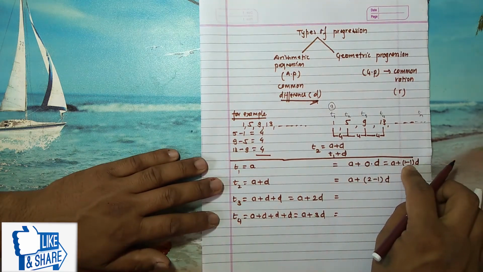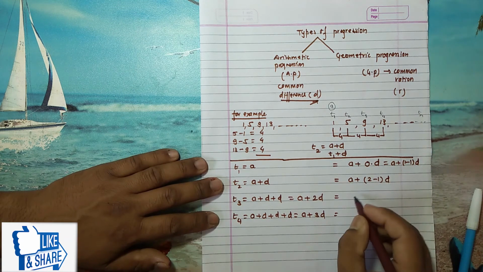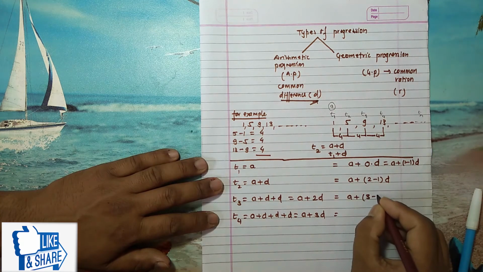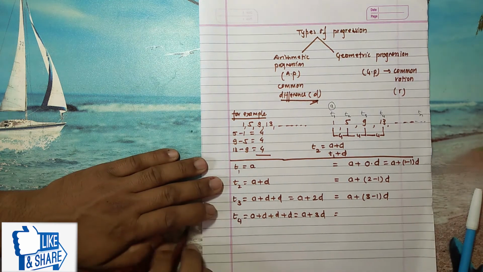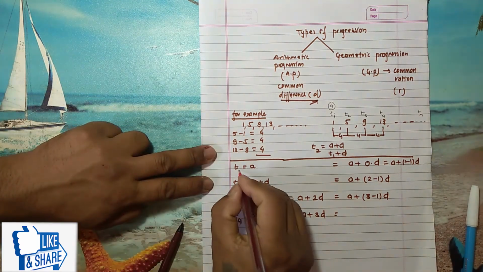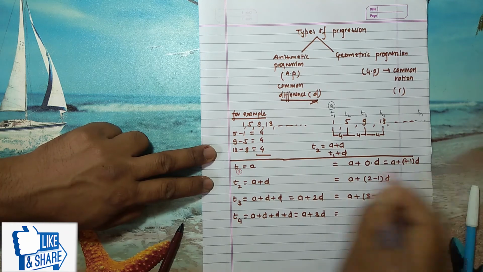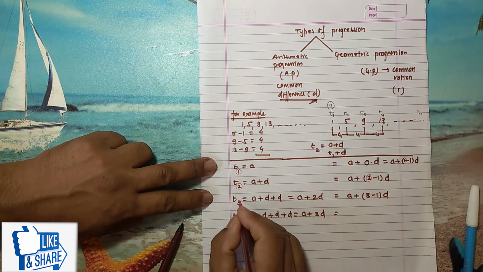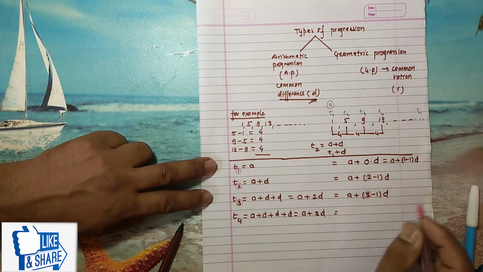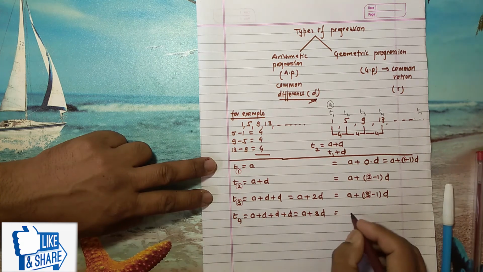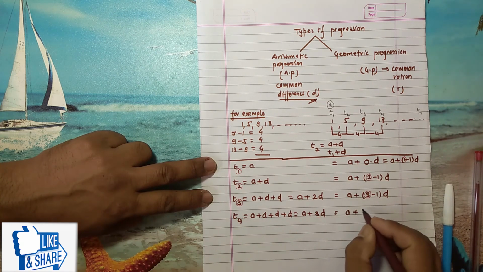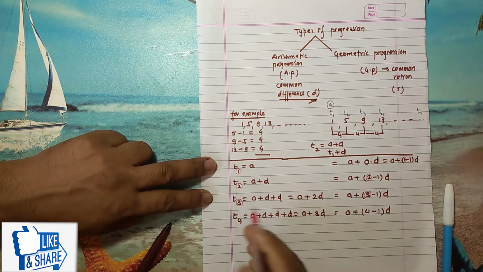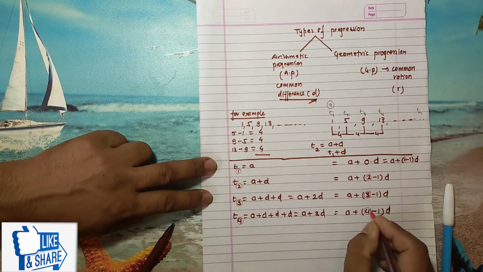I am doing this everywhere with minus 1, so A plus 2D means A plus 3 minus 1 times D. See what I am representing? Here is 1, so 1 minus 1. Here is 2, so 2 minus 1. Here is 3, so 3 minus 1. Similarly, here is the 4th term, so 4 minus 1 times D.